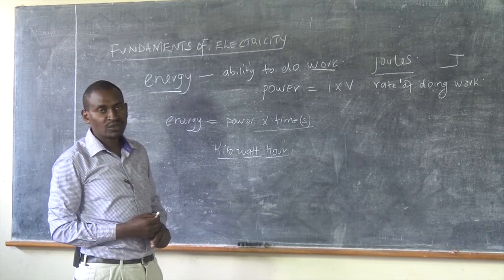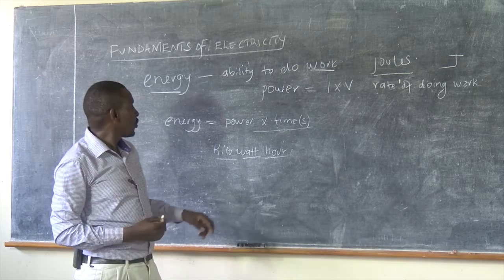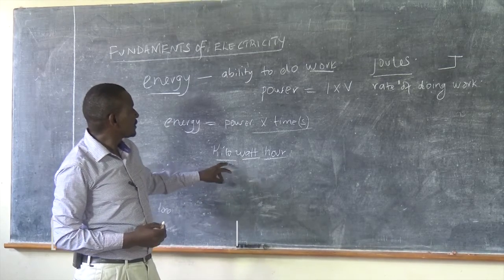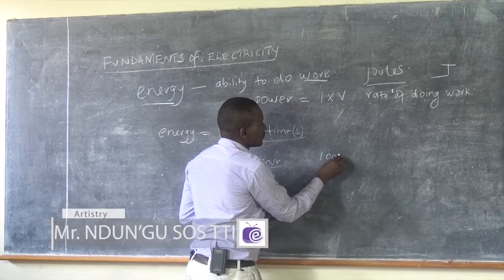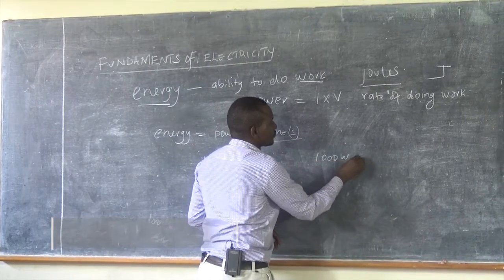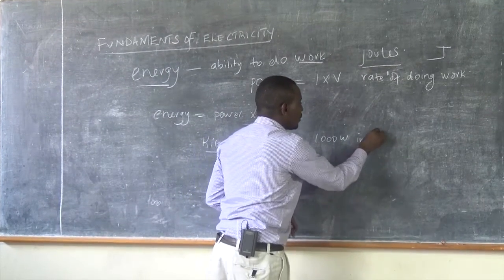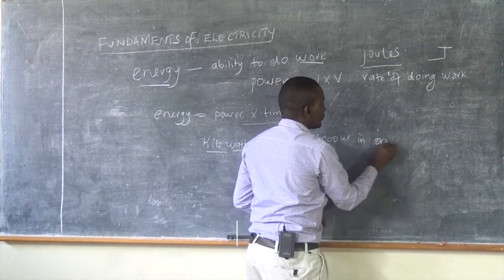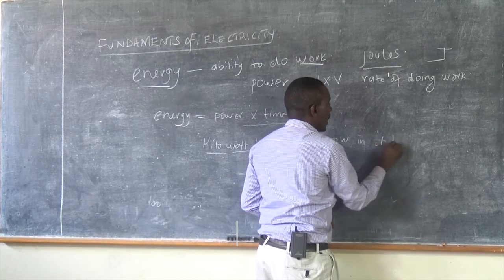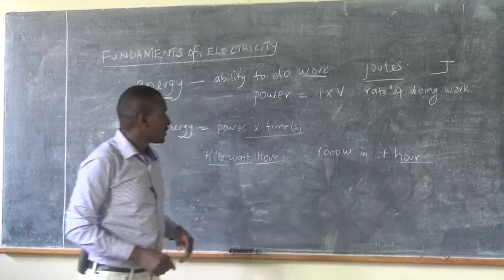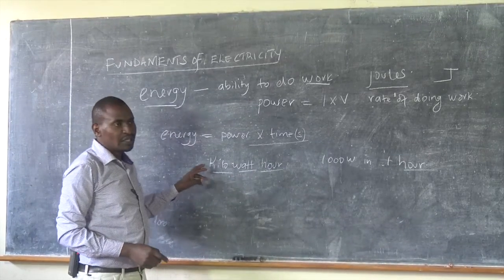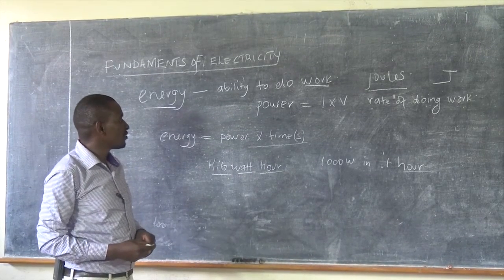So 1 unit of electricity is when you use 1,000 watts in 1 hour. When you consume that, then you have consumed 1 unit and you'll be charged for it.